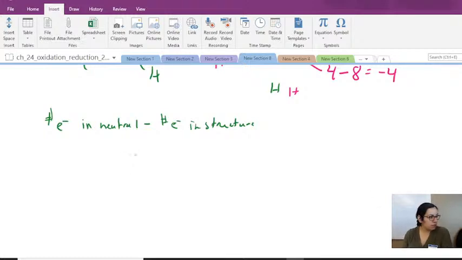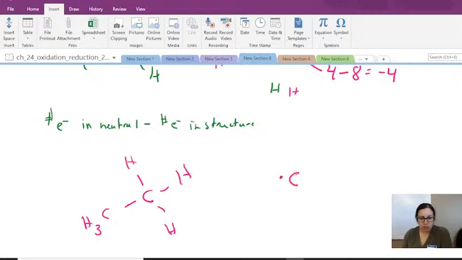So then let's look at other cases. If you have this molecule, and we're just focusing on this carbon over here, if it's next to another carbon, that doesn't affect its oxidation state. You can split that evenly, giving each carbon 1 electron since they have the same electronegativity.